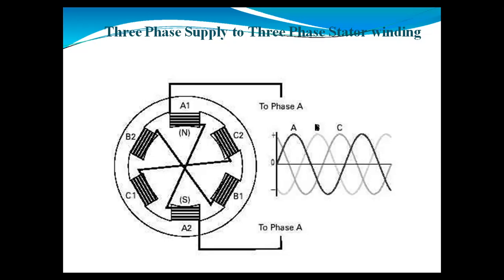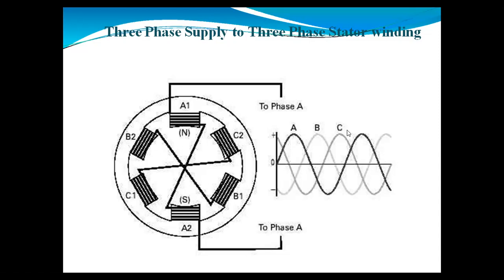It means IA, IB, and IC. If you are using ABC letters instead of RY, you can take the RMS value for all these as equal, means IR equal to IY equal to IB, or you can take IA equal to IB equal to IC.